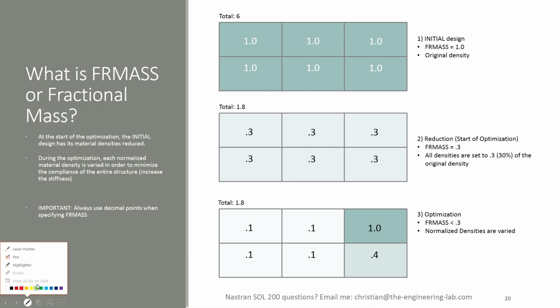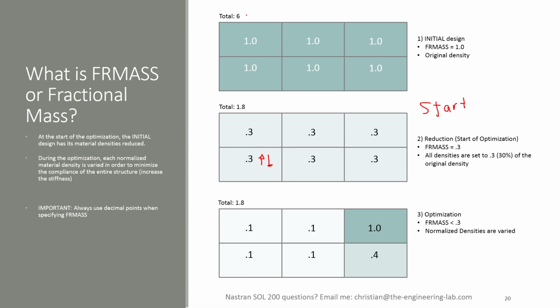So here is the start, if you will, of the optimization. Remember that during the optimization, it's going to decide if it should increase or decrease the normalized density. Here is another example where it's decreased 0.3 to 0.1 and so on and so on.